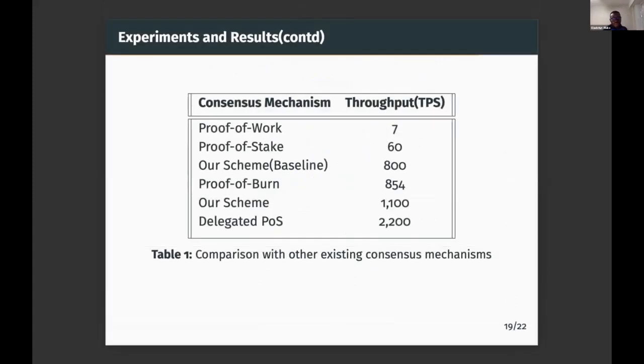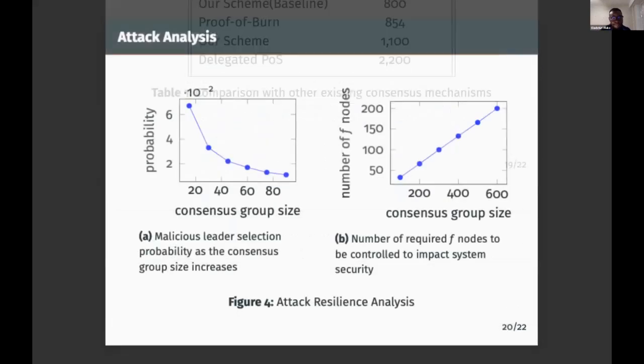And in this table, we compare our solution with some of the existing consensus mechanisms, and the results show that our system is only outperformed by the delegated proof of stake on the last line, although we can argue that through some code optimizations and some better development environments, we could easily outperform the delegated proof of stake.